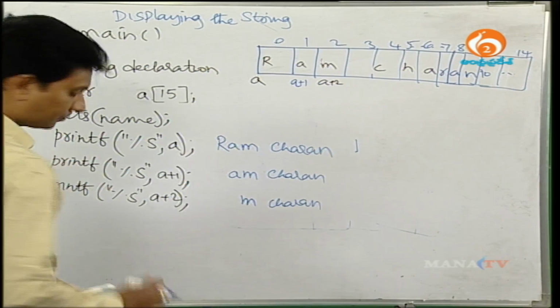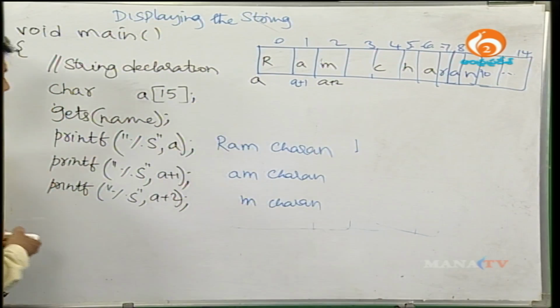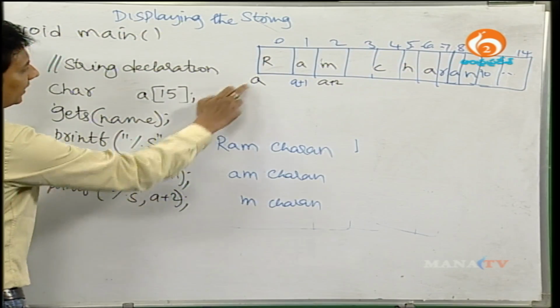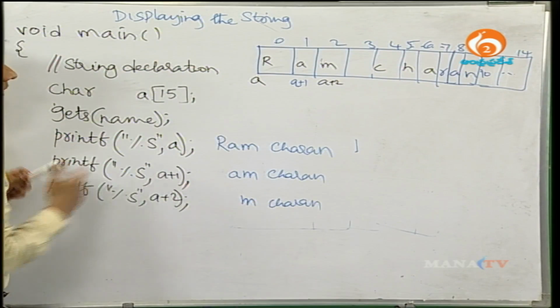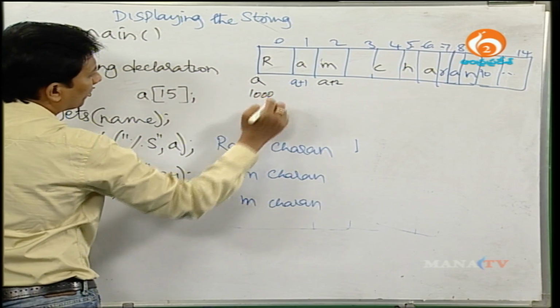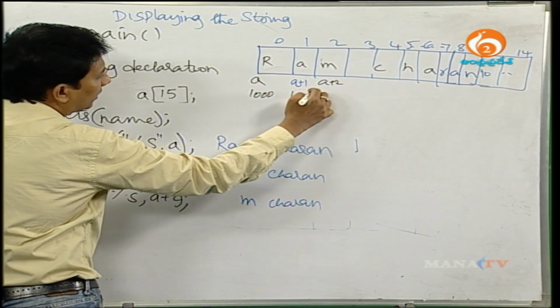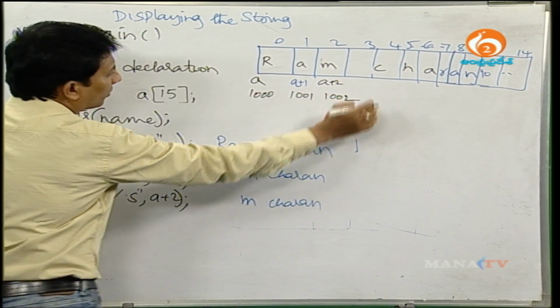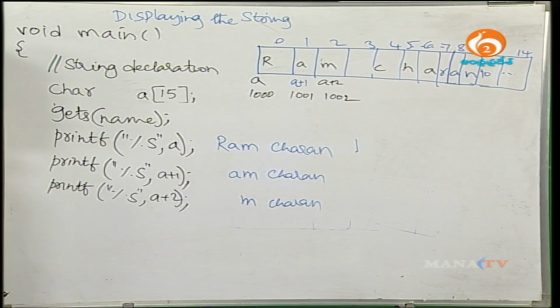Next, so this is a, here a contains some address, a plus 1 contains some address, this address may be 1000, this address may be 1001, 1002, like this. This is my assumption.